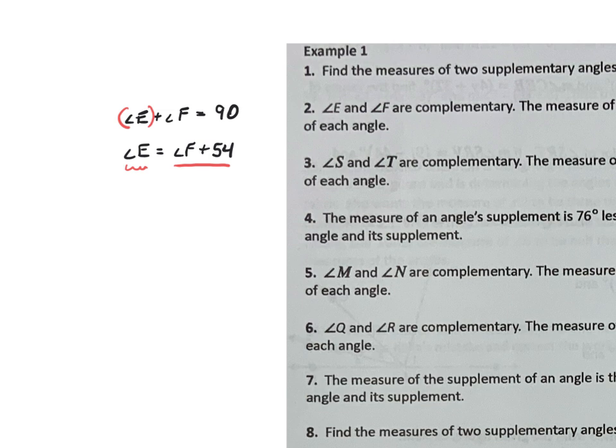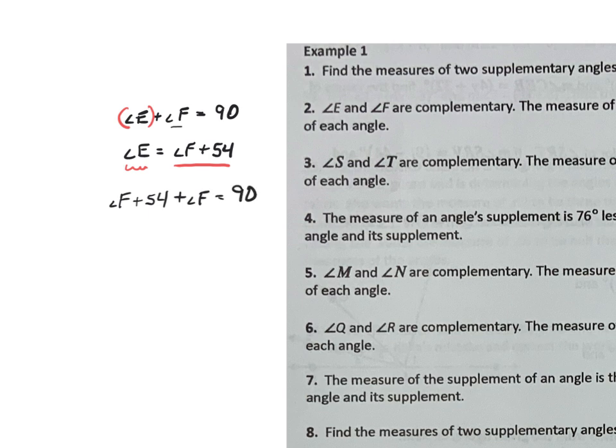So I'm going to go ahead and substitute in this value for angle E, since they're telling me that that's what angle E is equal to. So in my first equation, I end up having angle F plus 54 plus another angle F, right, equals 90.